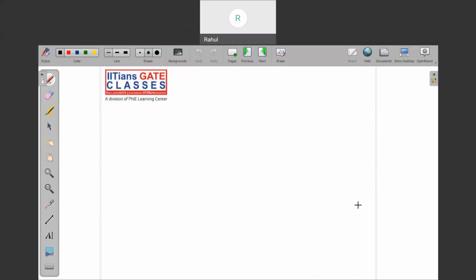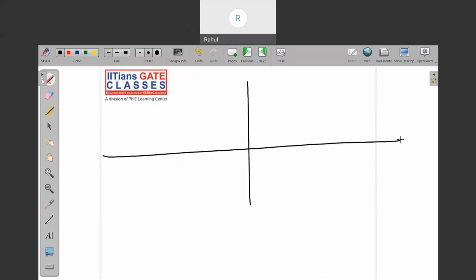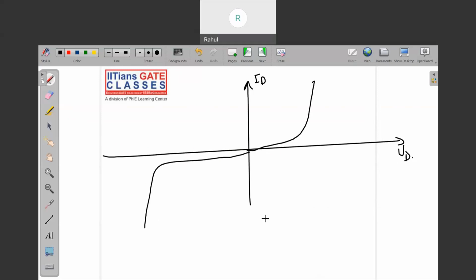As far as we know, suppose I draw the IV characteristic, ID versus VD. It has an exponential characteristic like this in the forward bias. In the reverse bias, as we increase the reverse bias voltage, the current initially is 0 or constant, and if you increase enormously, the current will start flowing huge.